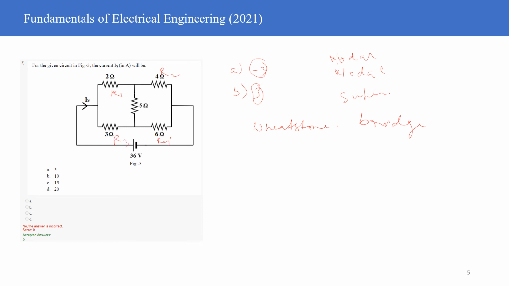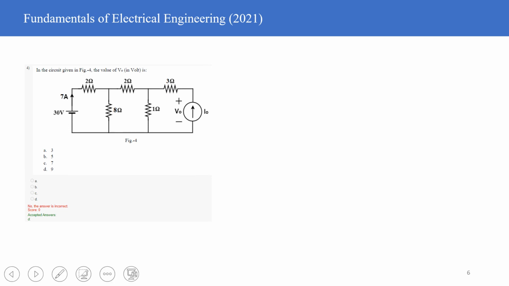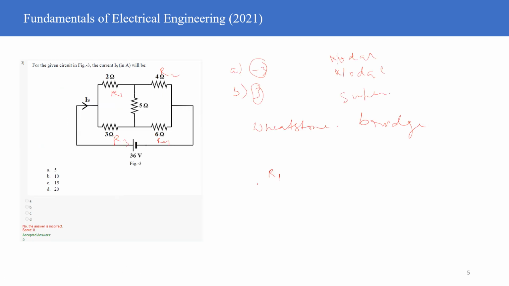What will happen if R1 by R3 is equal to R2 by R4? Have you seen these kinds of equations ever in your class 12th and class 11th, or even in your first year undergraduate program which is running now?